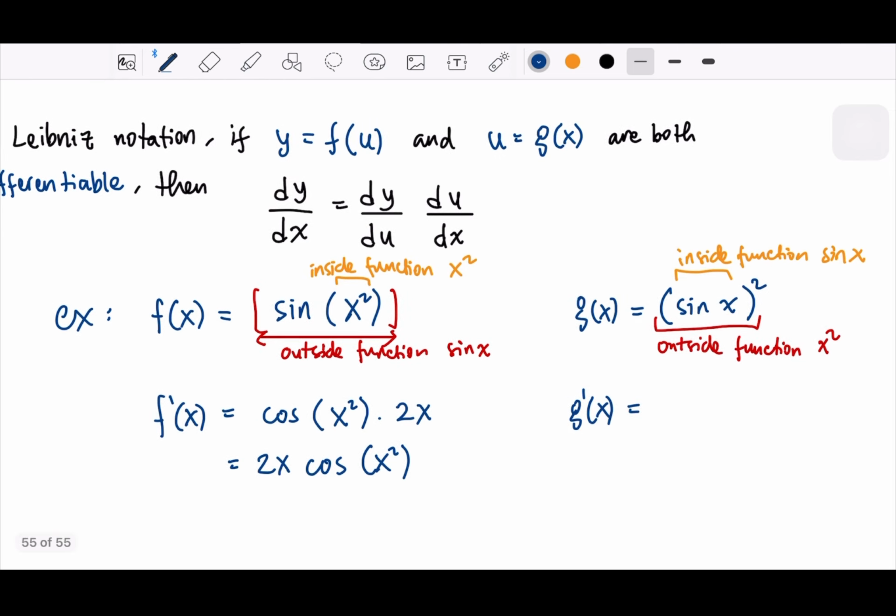Or let me write it one by one: 2 sine x times d dx of sine x, which gives 2 sine x cosine x.